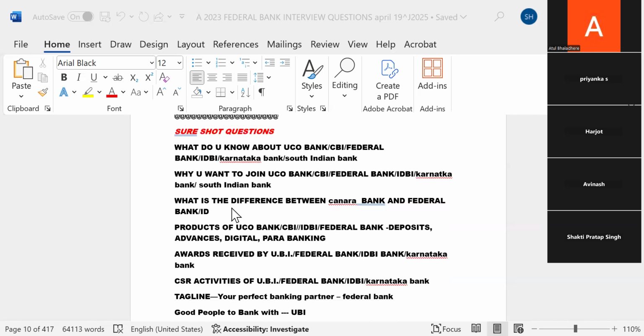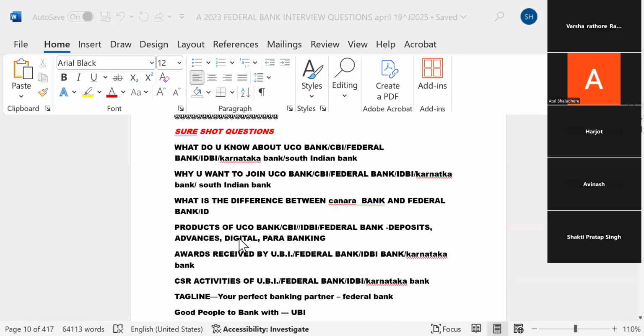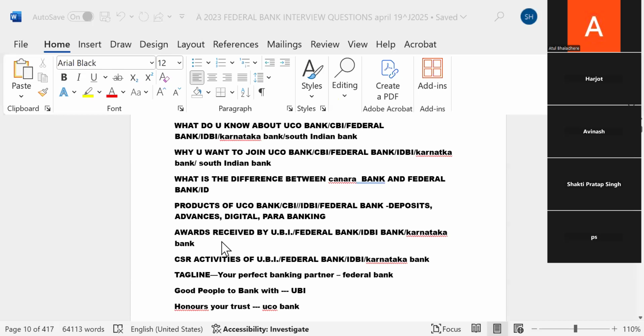What is the difference between PNB Bank and Federal Bank? Correct. Good. Continue. What are the products of PNB Bank? Awards received by PNB Bank.